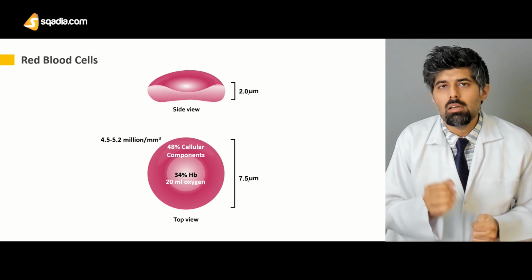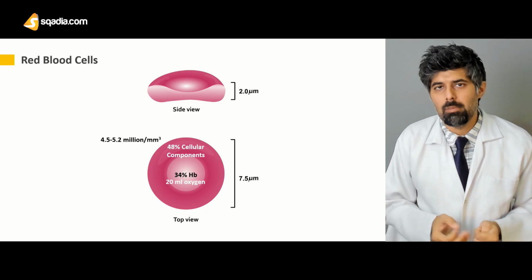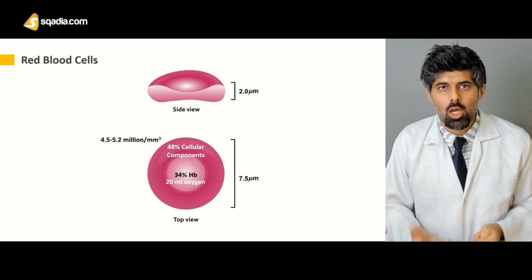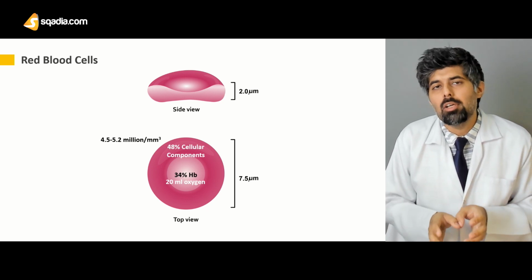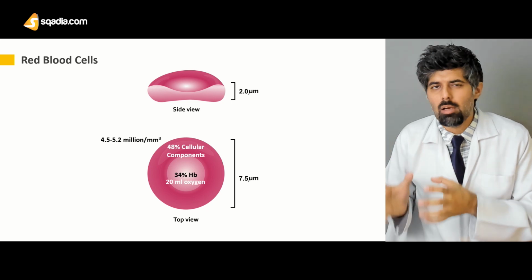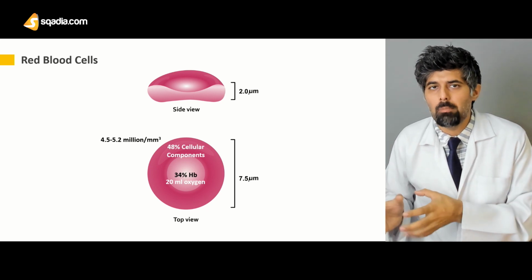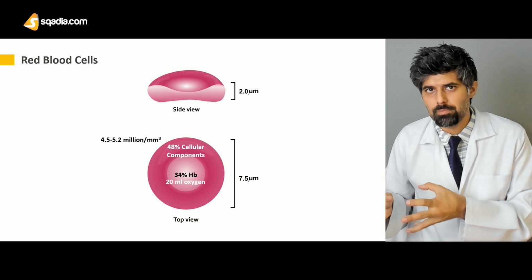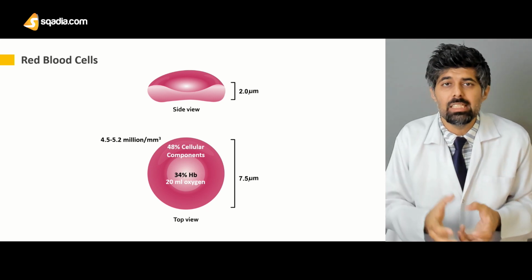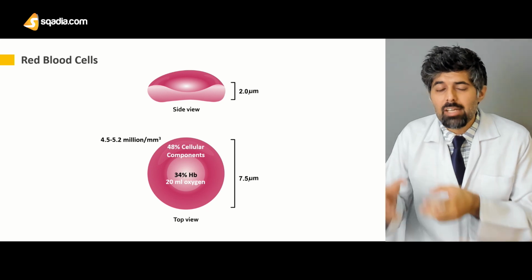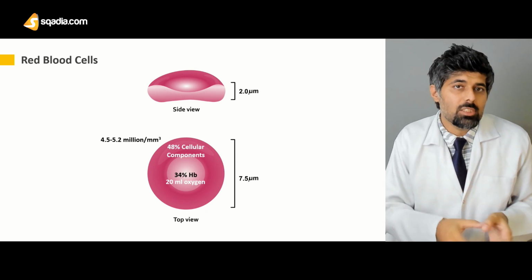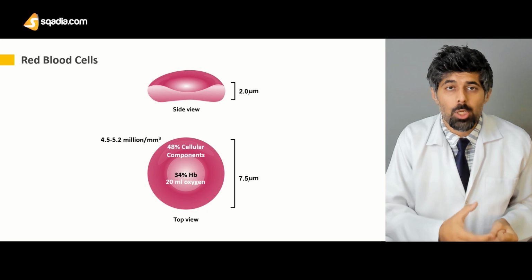Next is the oxygen carrying capacity of RBCs. Now, 20 ml of oxygen is carried by 100 ml of RBCs or blood. So you can see that if 100 ml of blood carries oxygen, it carries it in amounts of 20 ml.